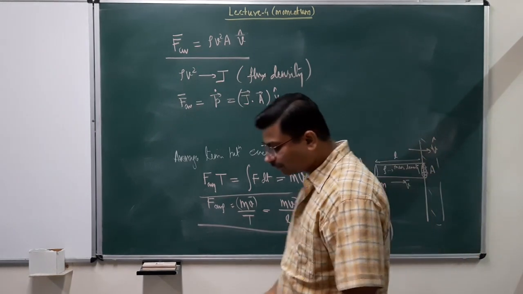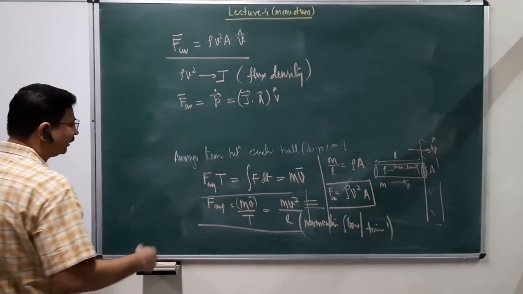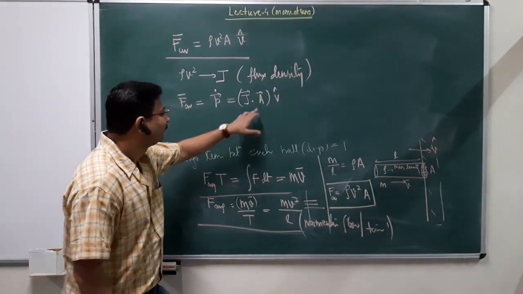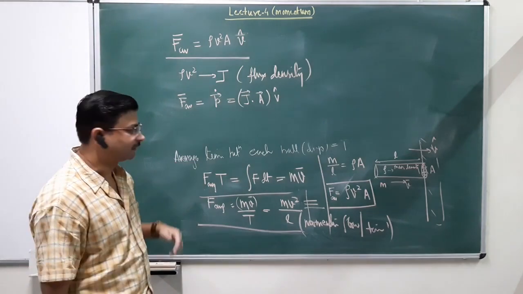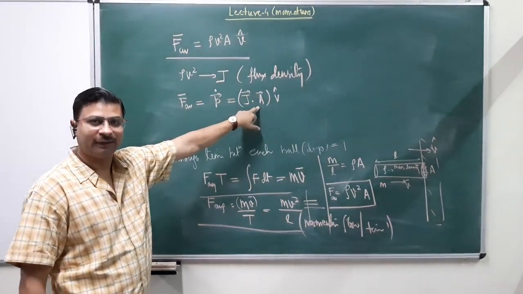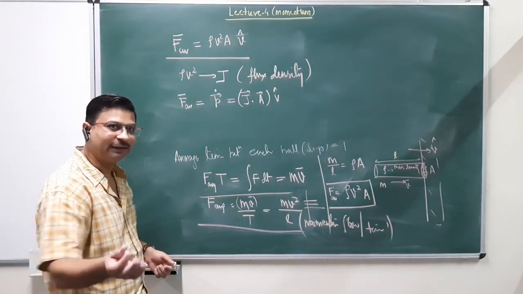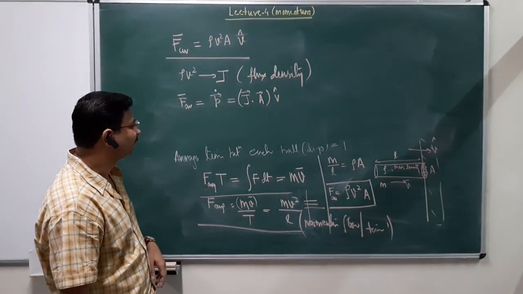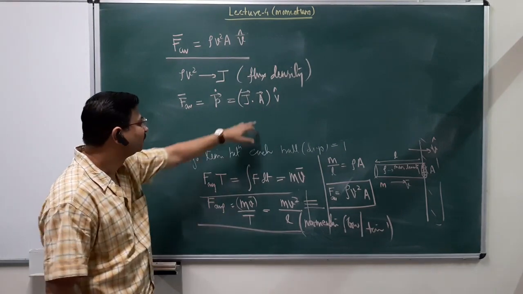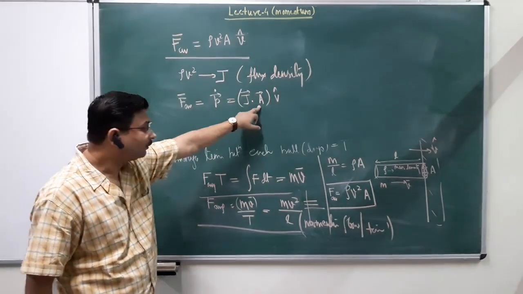In general, I don't know if you have not heard it earlier, let's introduce this here, for the time being just as a statement, that area is also a vector quantity, right? So area, which is basically length into breadth, or multiplication of two lengths, is also a vector quantity.